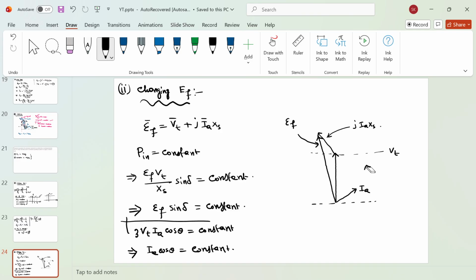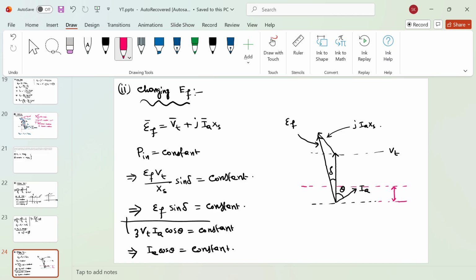So this is the case basically, and this is the rotor angle delta, and this is the power factor angle theta. And if you see the component of Ia cos theta, the Ia cos theta component is nothing but this one. So this particular value needs to be constant for constant active power and varying EF.